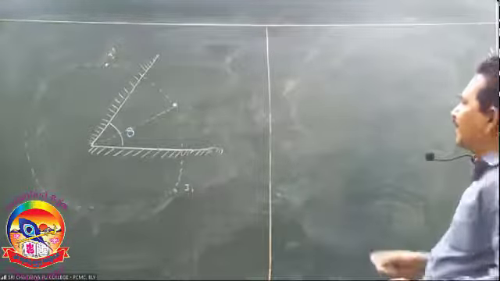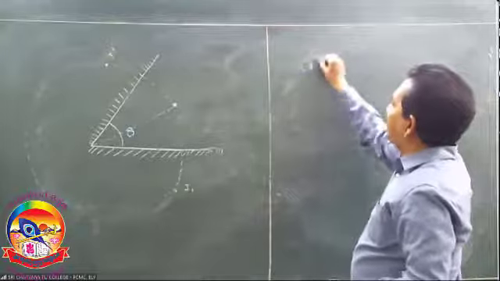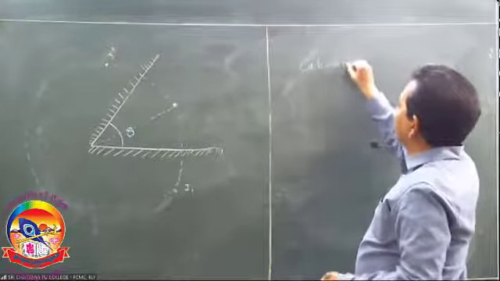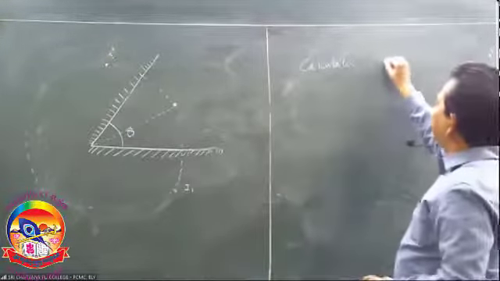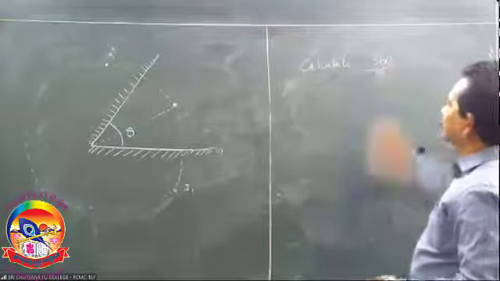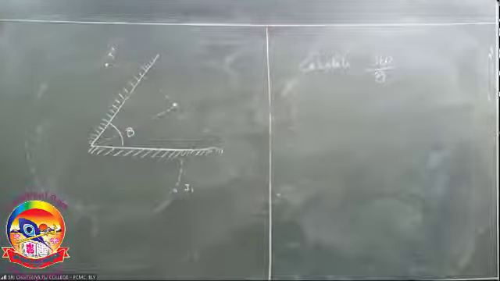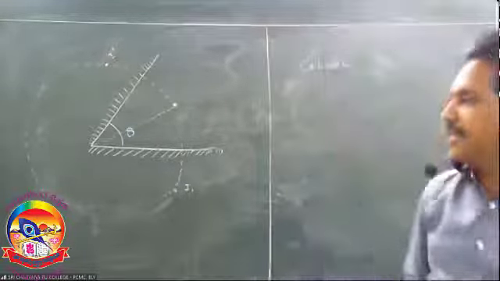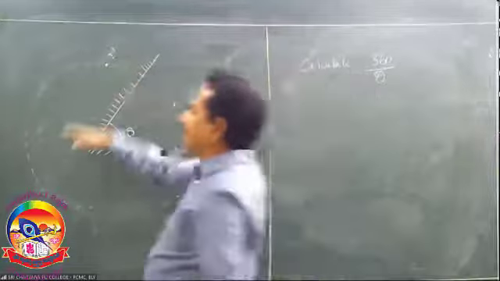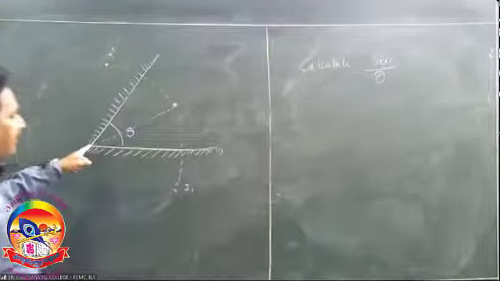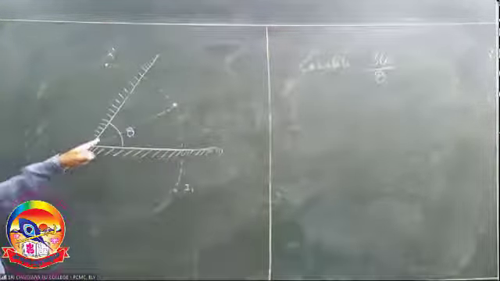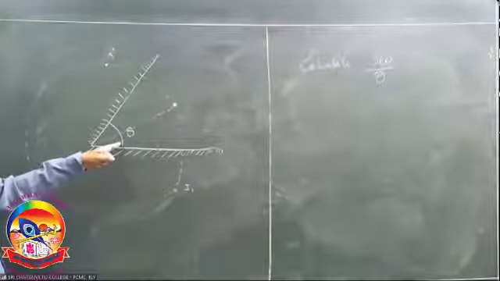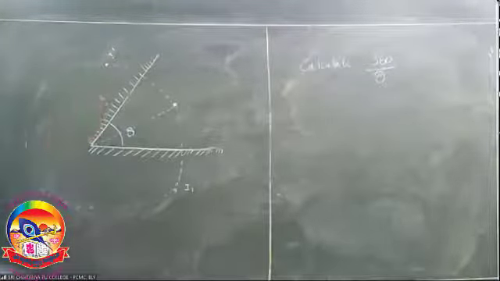Shortcut formula: first calculate 360 by theta. You may ask me, sir, why have you taken 360? Because in a complete circle, the angle subtended at the center is 360. And how much angle is it making between the two plane mirrors? Theta. First calculate that.